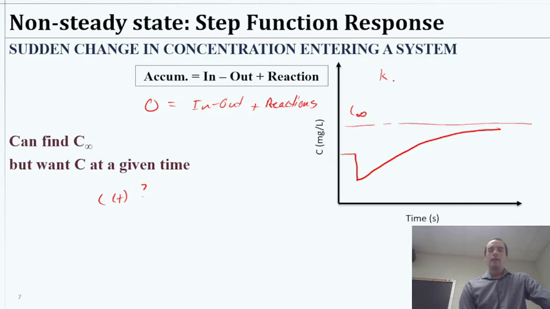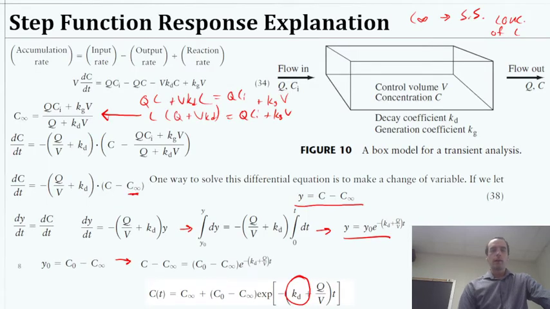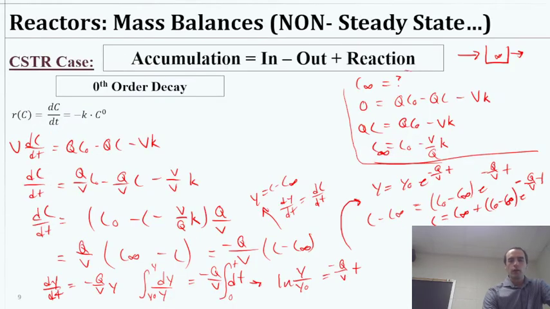k that we had went into that c at infinity, right? Because that was our mass balance. In their case, that was not only the k for the growth, but also the k for the decay, both of those terms. And for our simpler case, that was our k here, right?